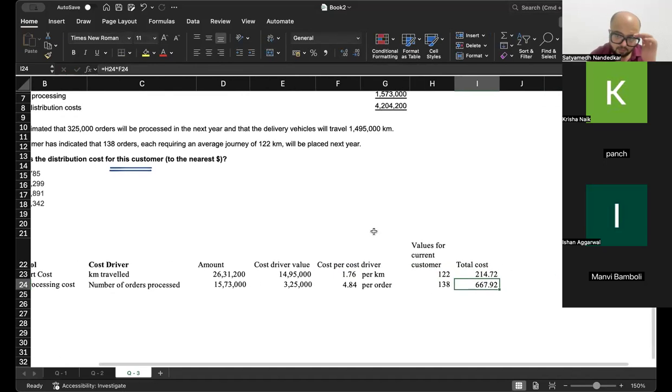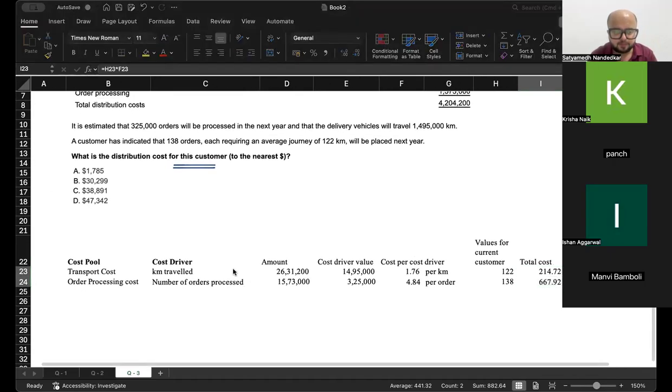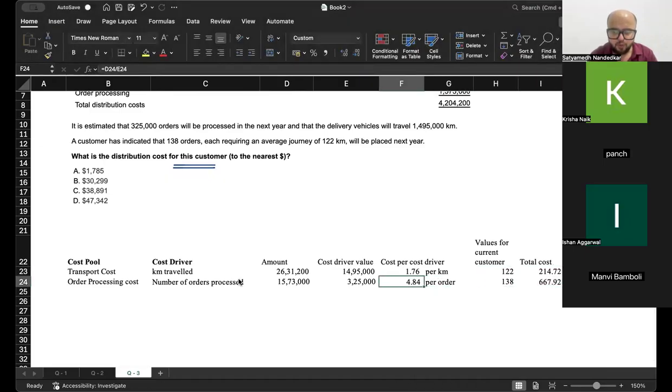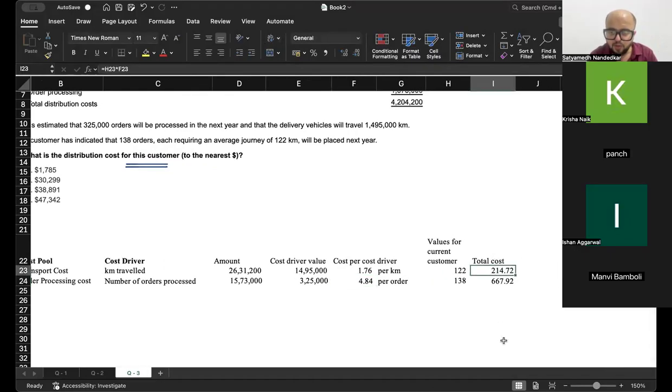And is it right? Yes, sir. Is 4.84 per order the correct calculation? Yes, it is. 122 kilometers at 1.76 per kilometer gets you 214.72.